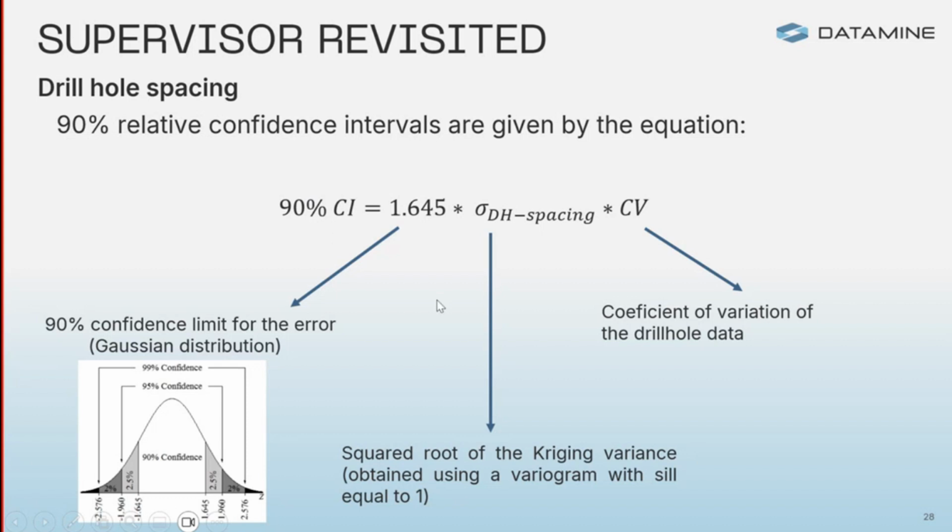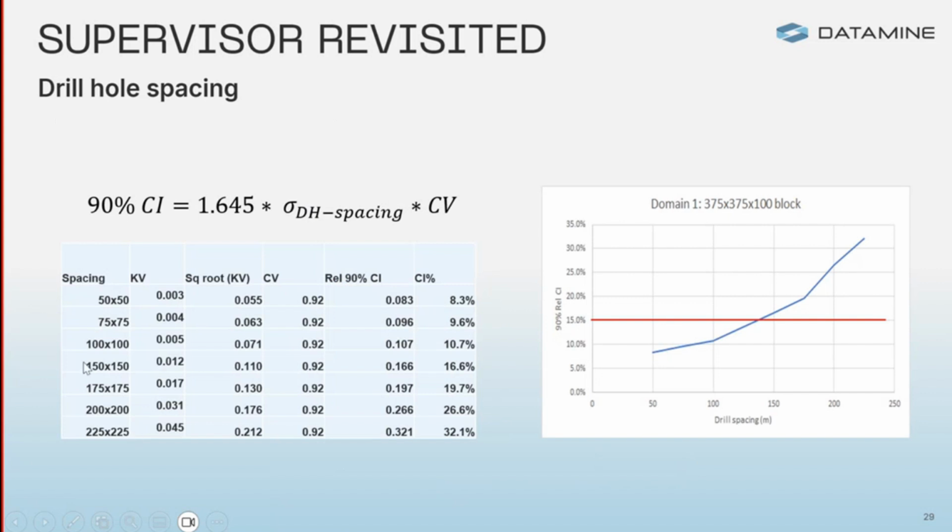So when you look at the component, you can see that in Supervisor, we can export this result. We can export the square root of the kriging variance for that production period for different drill spacings. Then we need to multiply the square root by the coefficient of variation with this number, and we get the relative confidence.